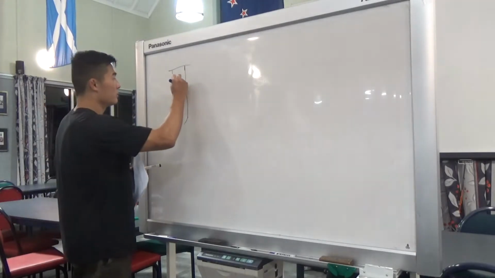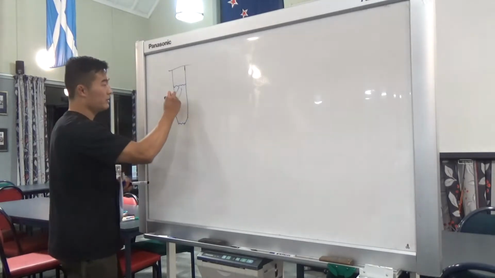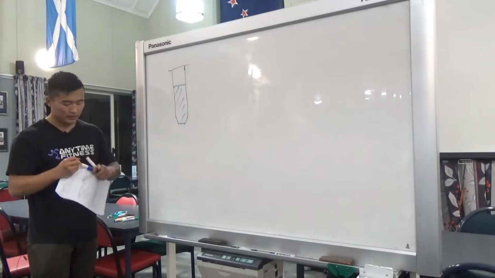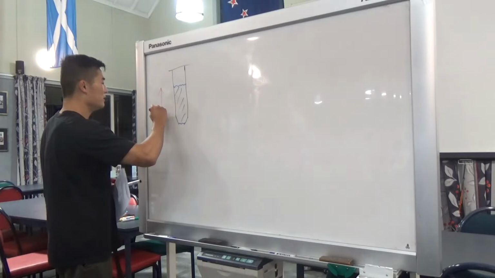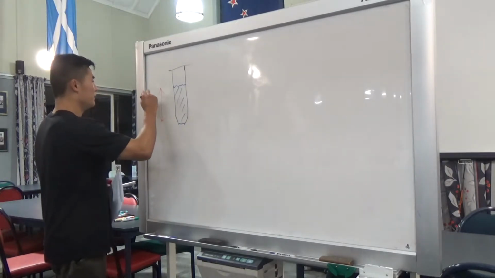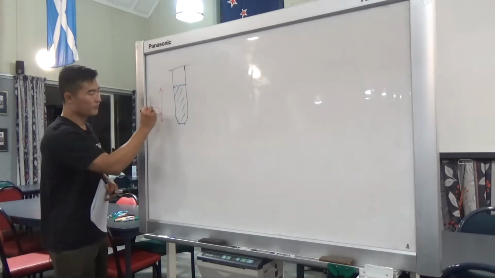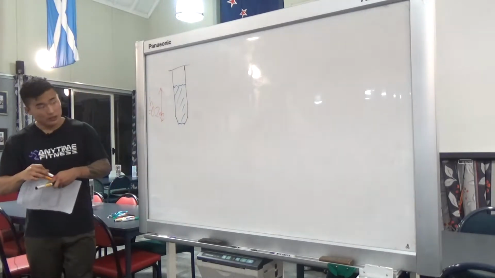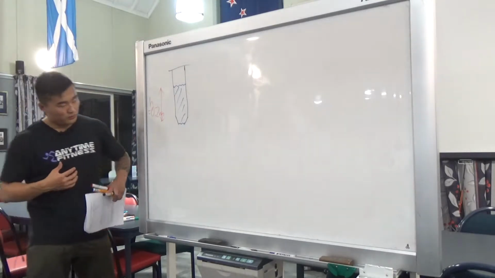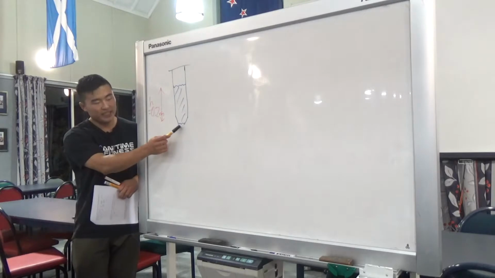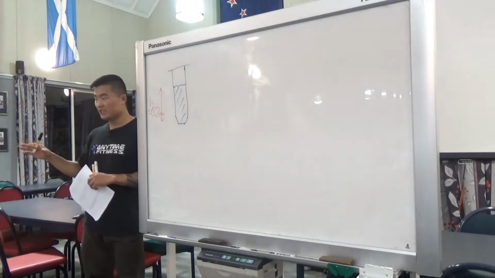So we have this column of fluid here, and we know that the height of this fluid is, so height is equal to 0.2 meters. And so we know that the bottom here is exposed to the atmospheric pressure.